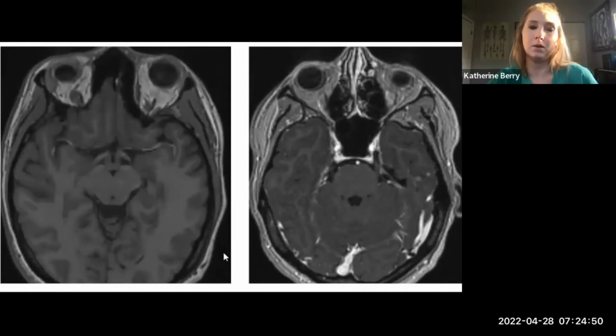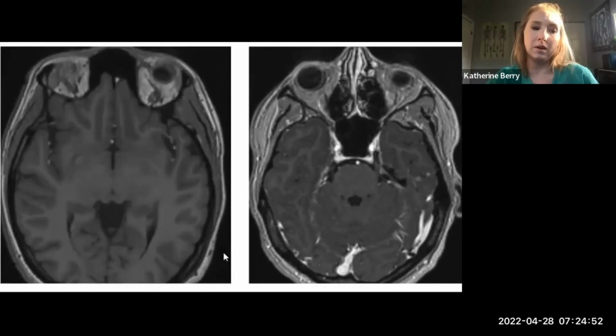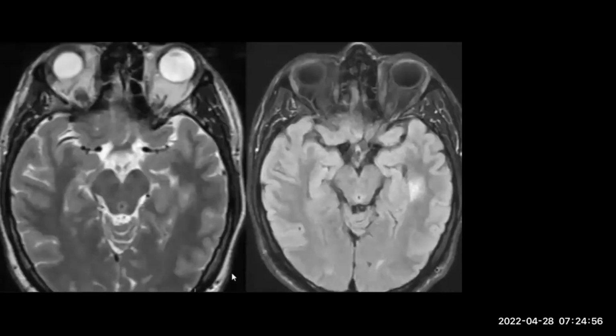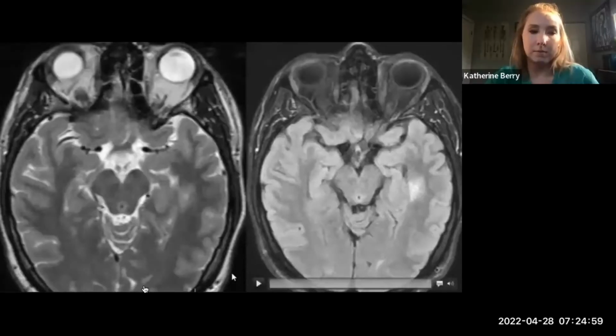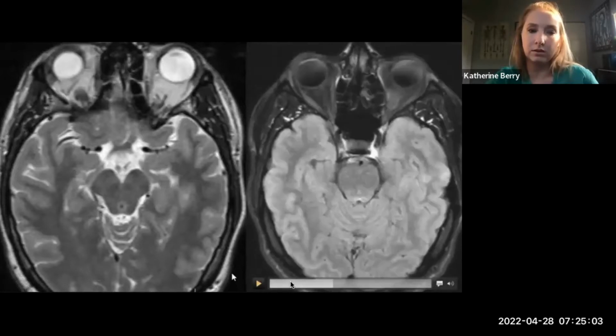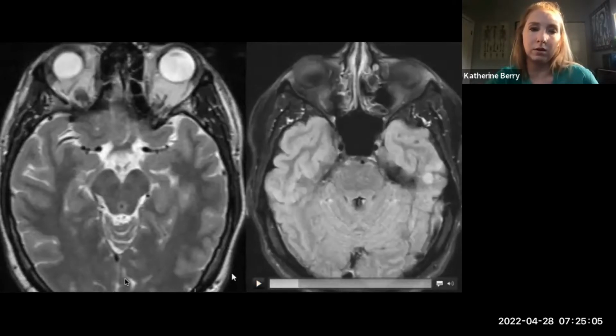Yeah, good. This is just for comparison to see that they are enhancing. Here's the next set of images. I'll play them again because there's so many little spots, but you can see very well there.